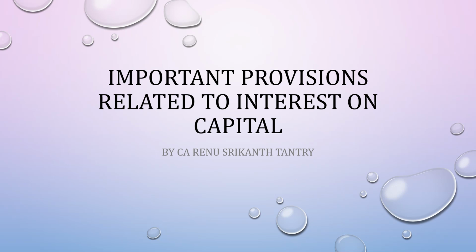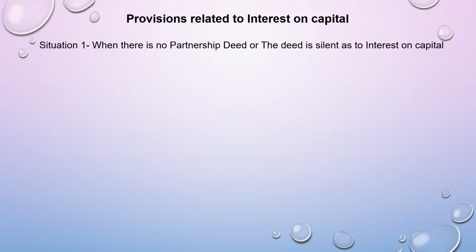Now, as you know, partnership is basically governed by the Indian Partnership Act of 1932. So the provisions given here would apply for all the partnership businesses. Now, you also know that the basis of partnership is the agreement amongst the partners.